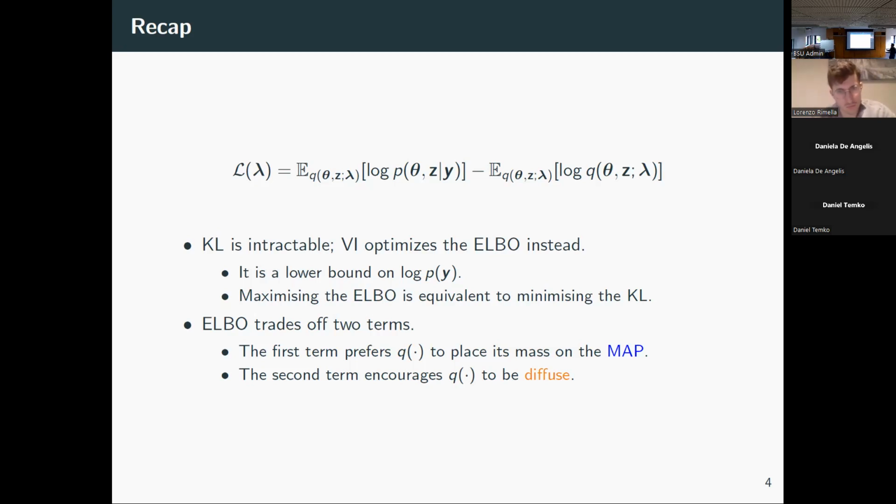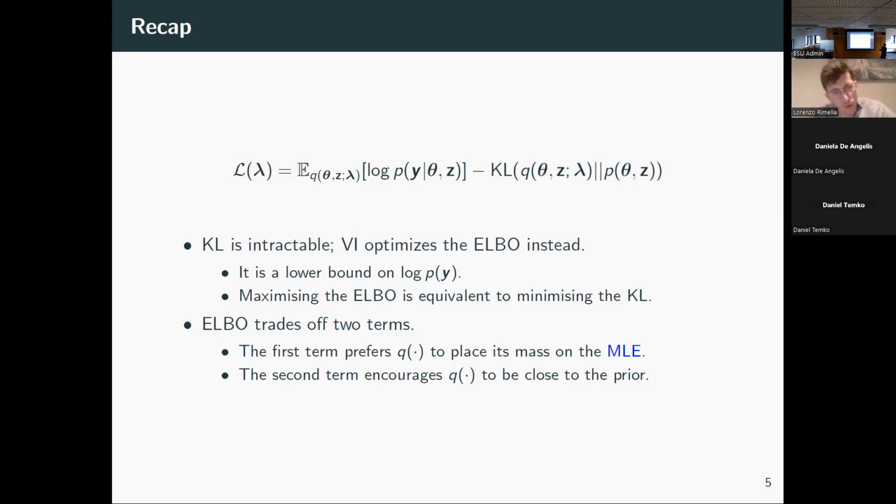That's one interpretation. The other interpretation, if you frame it this way, is that on the left-hand side is the expectation of the likelihood. So you can think of Q as trying to place all its mass near the MLE, but then you are penalizing with the KL divergence.